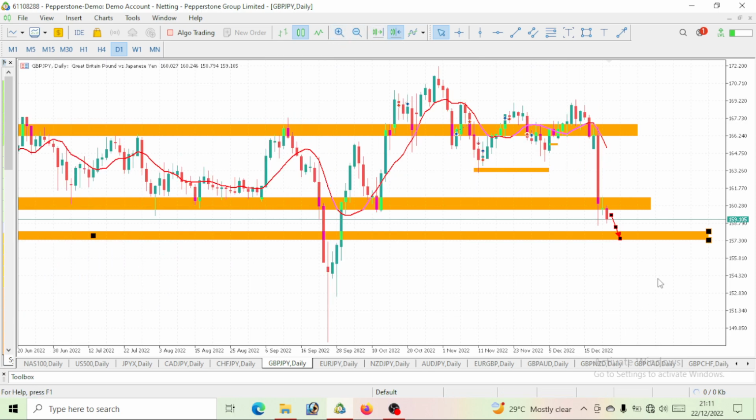So we should watch out for GBPJPY to actually drop to this level, which is a level of 157. Currently, we are trading at 159. If you are watching late, price must have moved further, right? So we should set our target to a level of 157. This is what I would be watching, and this is what I would advise you to watch. Price will now give us two movements.